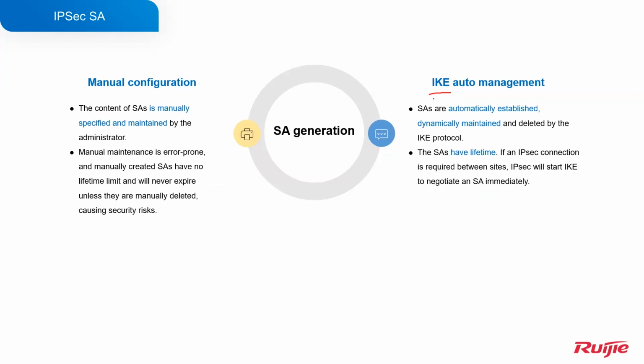And about IKE, we also will establish the IKE SA. Then the IKE SA will help us establish the IPSec SA. So the process is, first we exchange some IKE messages: which algorithm we want to use to negotiate some parameters of IKE. And then IKE will establish the IKE SA.